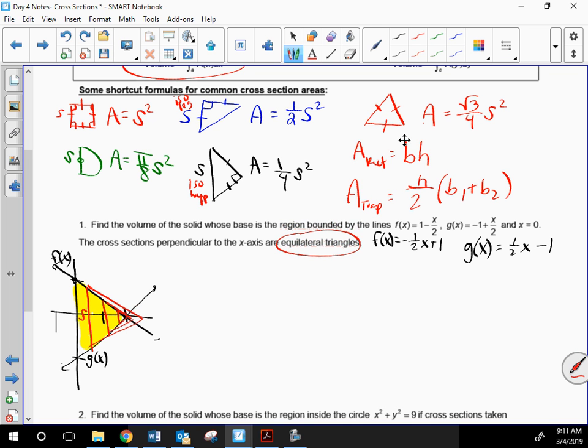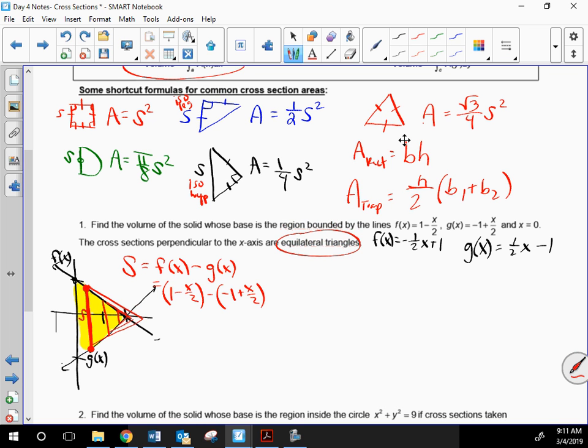So what we're doing now is instead of establishing our radius, we're establishing our side. And our side lies on the region. So it's really just, again, doing top minus bottom. My side goes from the top edge to the bottom edge of the region. So top minus bottom: my top function was my f of x, my bottom function was my g of x. f of x was 1 minus x over 2. g of x was negative 1 plus x over 2.